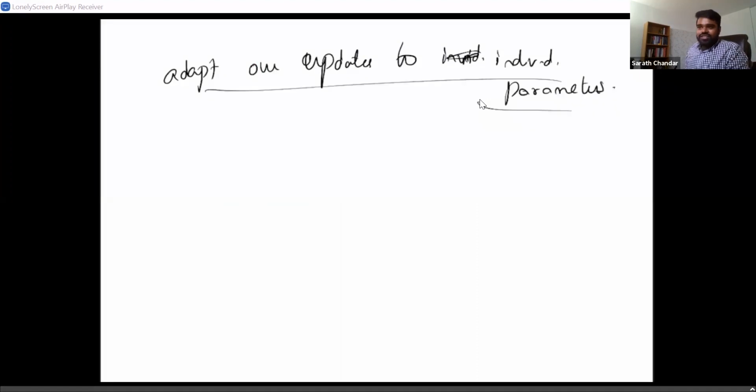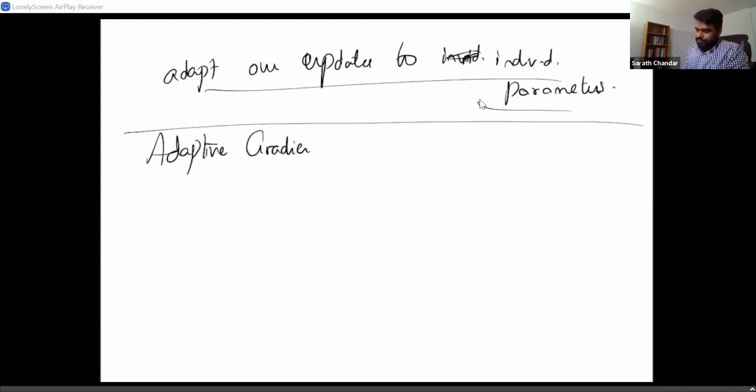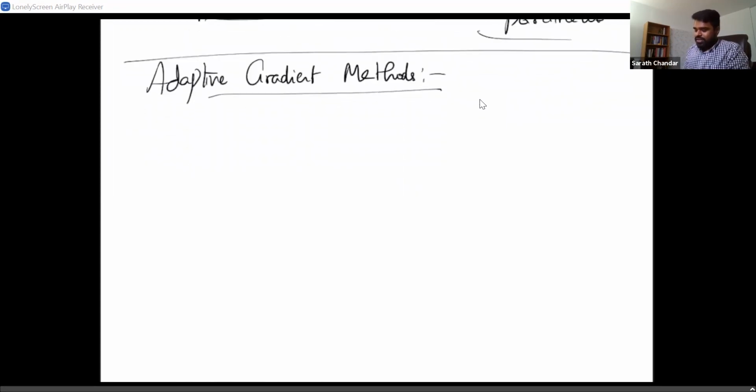We still have the same learning rate, alpha or eta, for all the parameters. Now, how do I solve that problem? To do that, we are going to look at a bunch of adaptive gradient methods, which will automatically change the learning rate instead of us manually trying to tune it. The first algorithm that we are going to see is called AdaGrad.